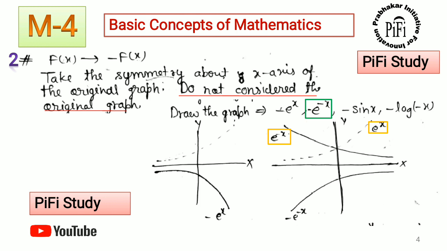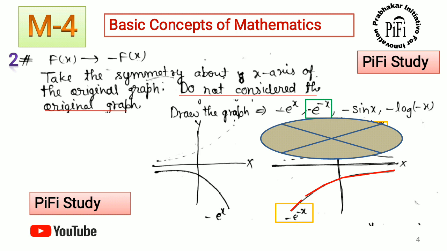Put the mirror on the x-axis and take the mirror image of this graph. Then you will get the graph of minus e to the power minus x. And remember, do not consider the original graph. Whatever graph you started from, do not consider that graph.